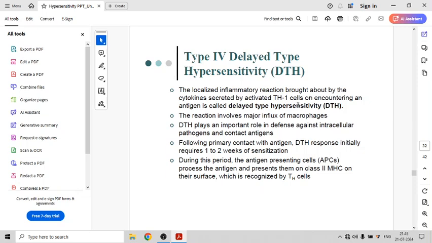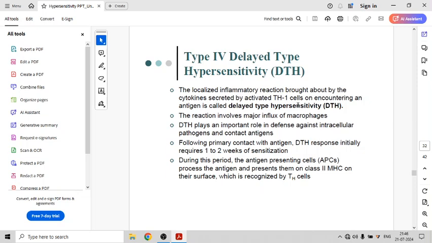The delayed type hypersensitivity takes place in the first place when the antigen enters the body through any route, even if it is entering the body through the skin due to puncture of the skin by the epidermal hair of a caterpillar, or it could be a plant derived epidermal hair or a thorn of plant origin which has stored alkaloid.